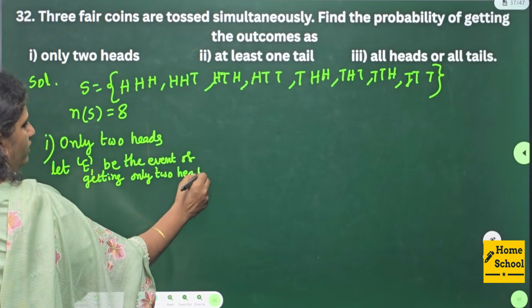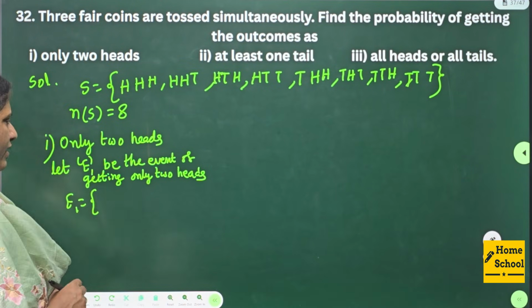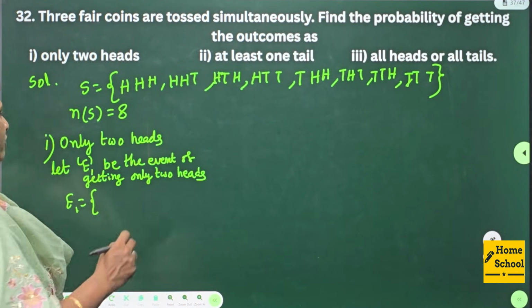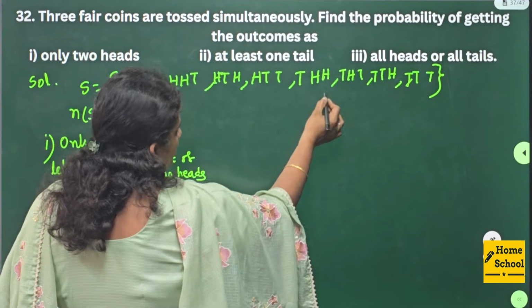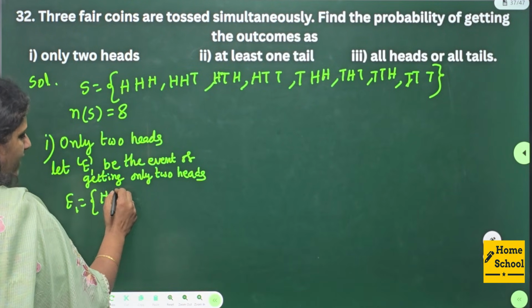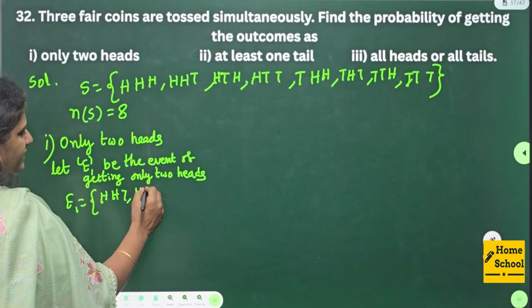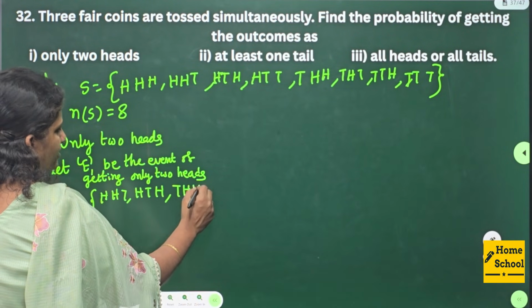Right? Let E1, I have said no, so E1 equal to flower bracket. 2 heads, where do we get only 2 heads? Here 1, 2, 3, that's it. So write those. H, H, T, H, T, H, T, H, H.